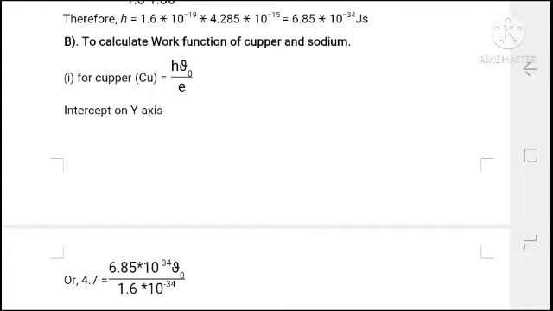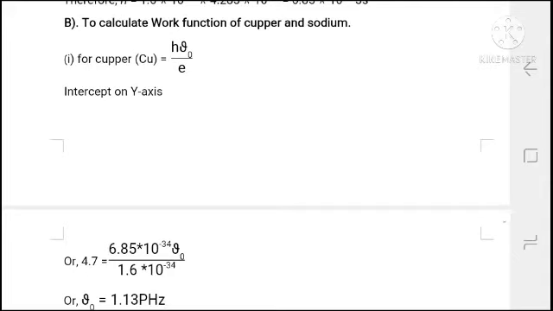To calculate the work function of copper and sodium, we know the formula: work function is equal to hν₀, but we don't know the threshold frequency ν₀. The threshold frequency can be obtained from the intercept, which is equal to hν₀/e.